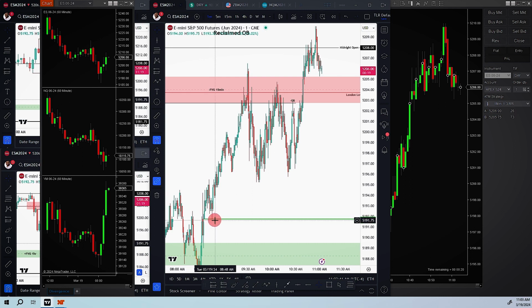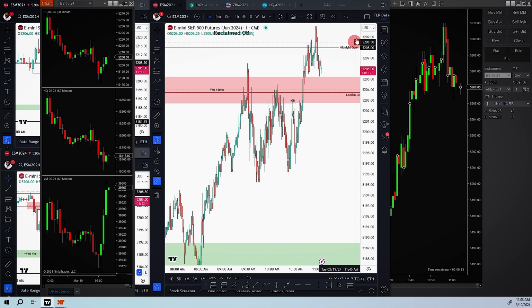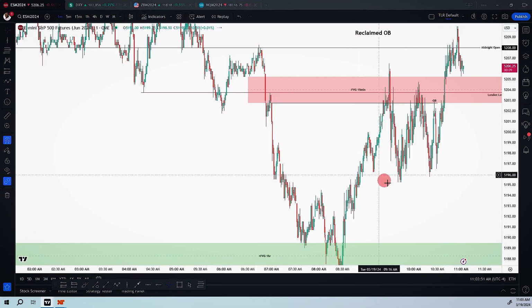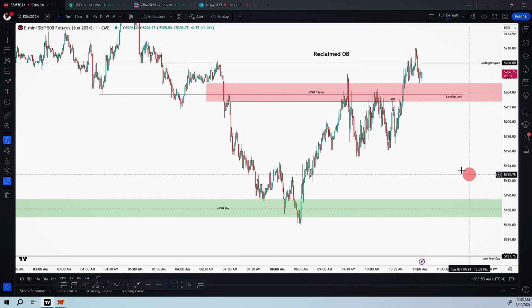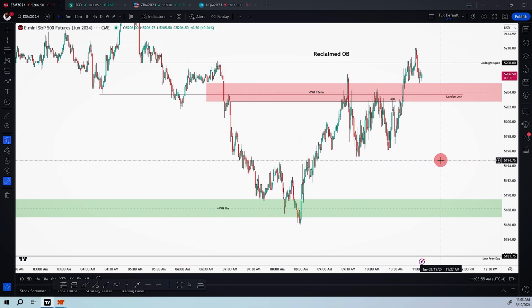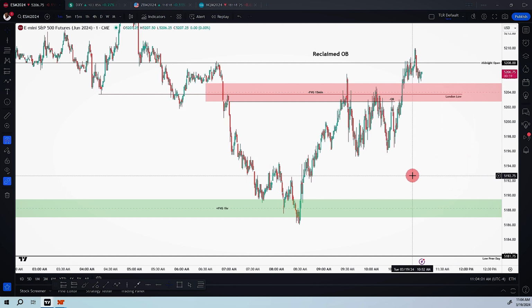Do order blocks work better on higher time frames? They work the same. Yeah, because you're saying it's chop suey now, but there's less order blocks higher. So is it less complexity? It works the same.